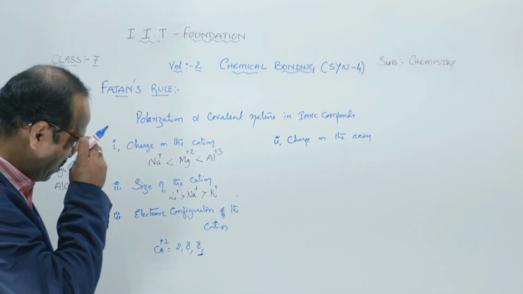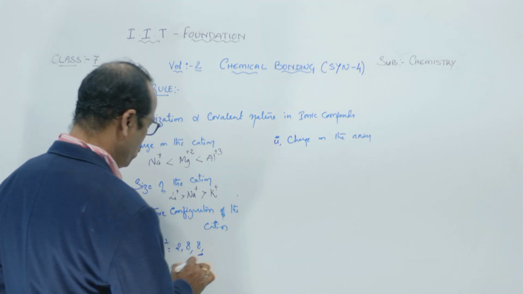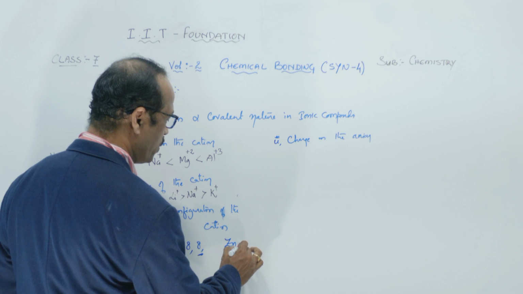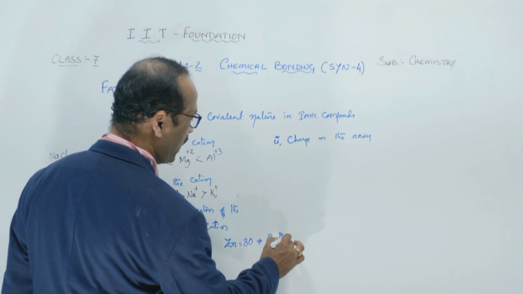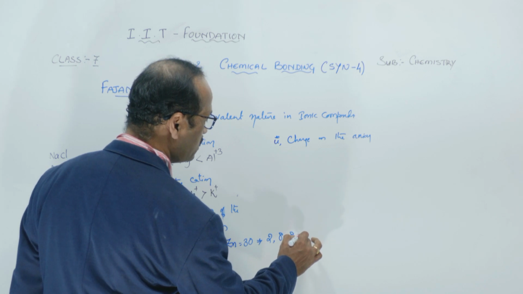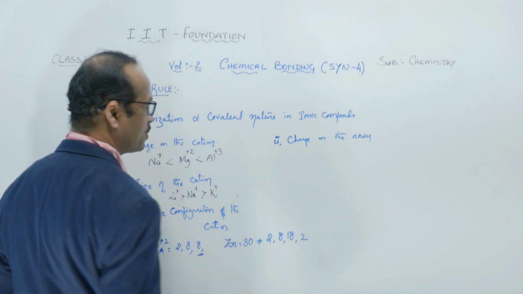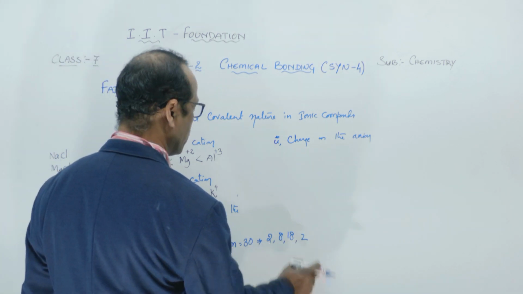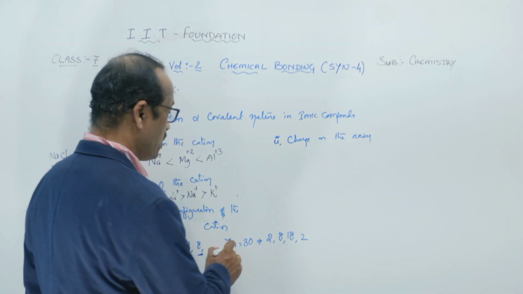Now for example, students, I will take zinc. Do you know zinc atomic number? Zinc atomic number is 30. Okay, the actual electronic configuration I can write as 2, 8, 18, 2. This is the electronic configuration of zinc. But here what is happening?